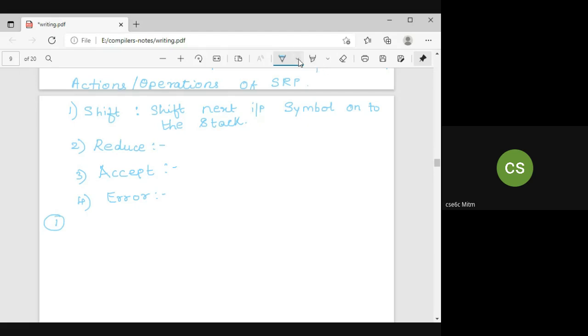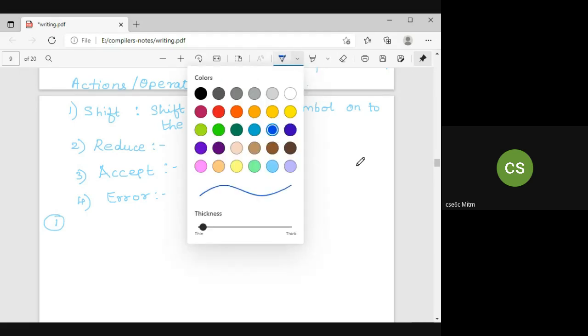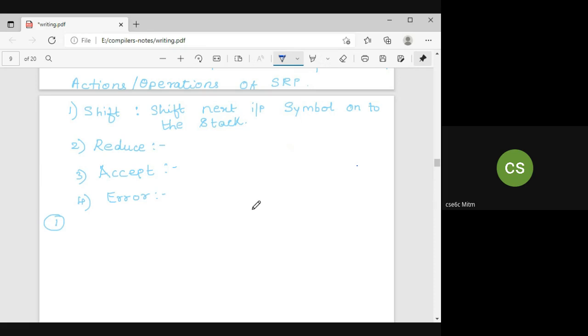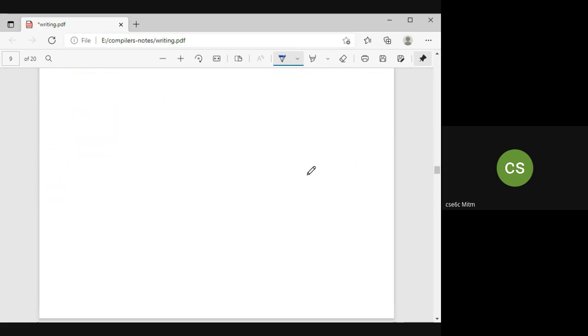Consider the grammar: E goes to E minus E. Next, E goes to E star E. This is the second production rule of the grammar. E goes to ID.